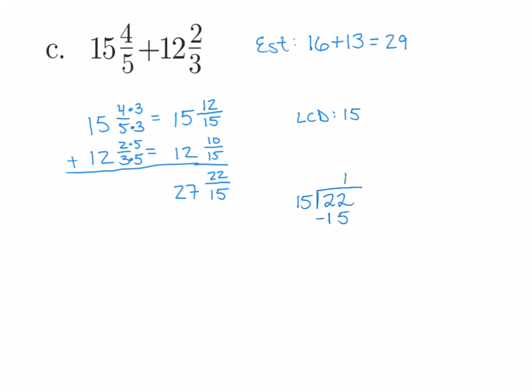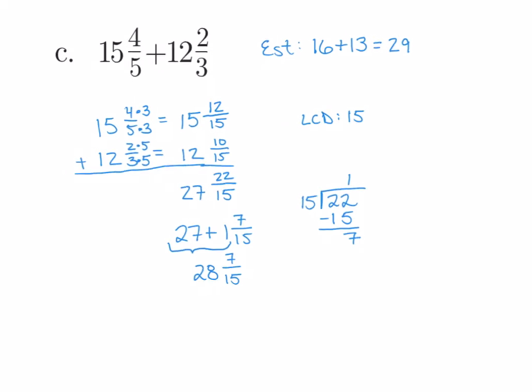We multiply, and we subtract to get 7. So now this is essentially 27 plus 1 and 7 over 15. If we combine the whole numbers now, this is 28 and 7 over 15. Is that in the ballpark of 29? The answer is yes, so this should be good.